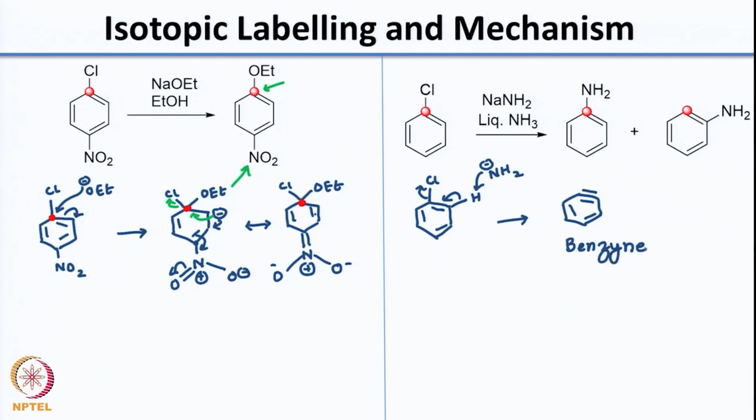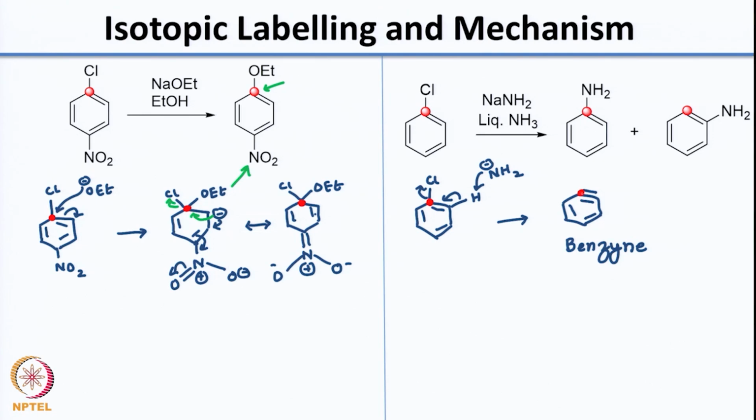As you know, the benzyne is not very stable. Now let us put the labels back so that you know. See, labeling helps so much to keep track of the carbon atom. So this is where the label was, and in the benzyne you have the label here.